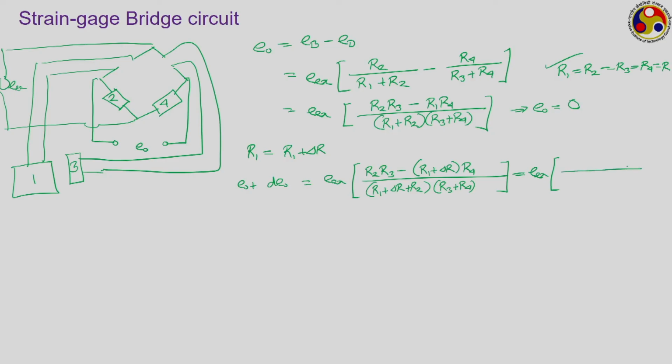Then we are having 1 plus delta R by R, and similarly here R3 plus R4 gives a value of 2, and another R goes here, so you will be having 2 plus delta R by R, into EEX.